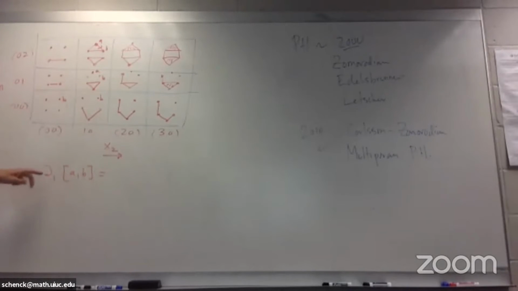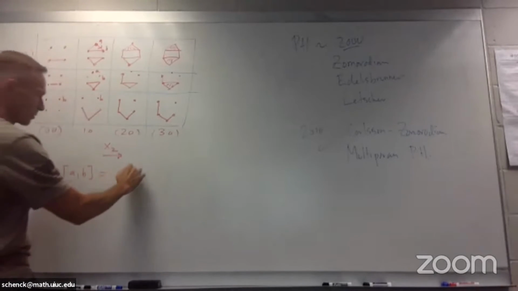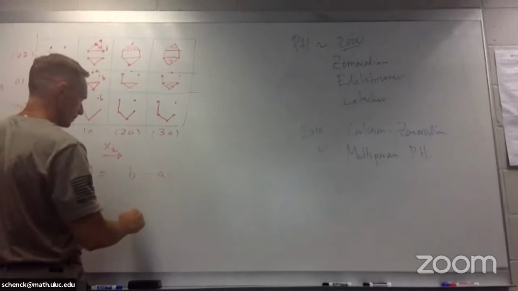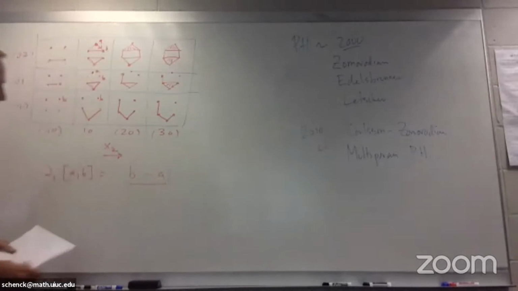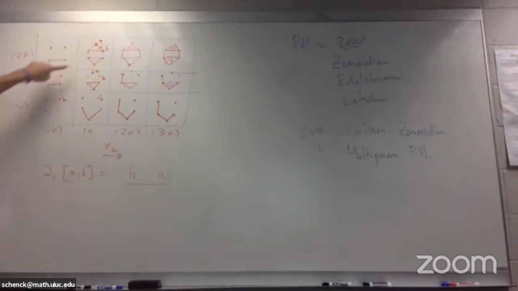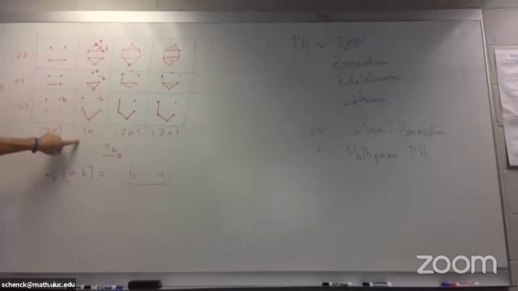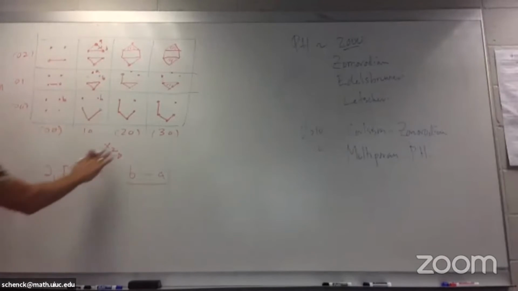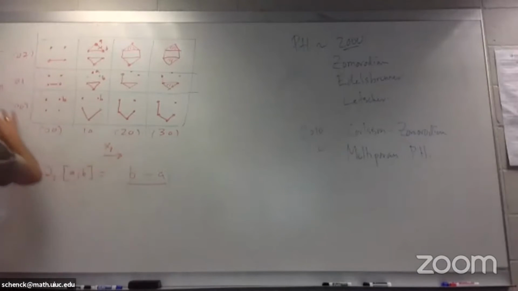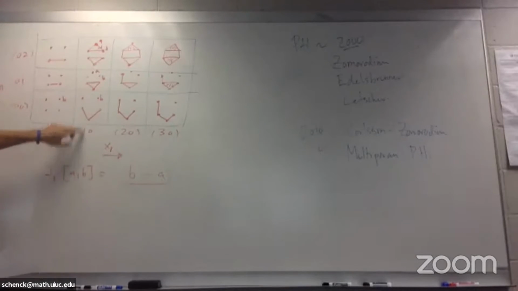Well, without having this extra data, the boundary of edge AB is just going to be B minus A, head minus tail, right? But what I want to do now is factor in this extra data that I have, the filtration data. And so the point is, this edge AB appears in x1 degree 1 and x2 degree 2, right?